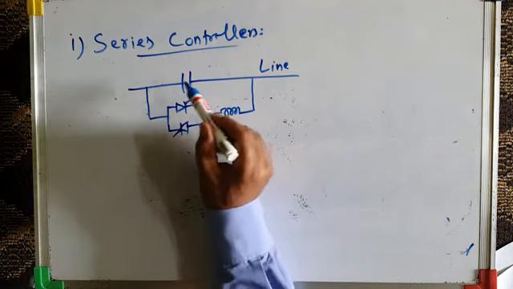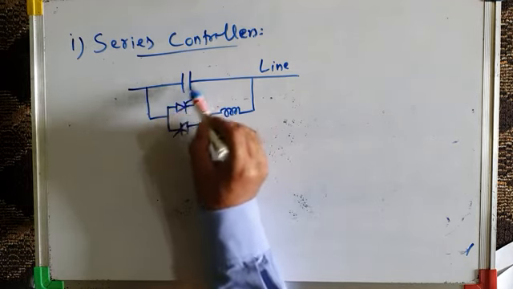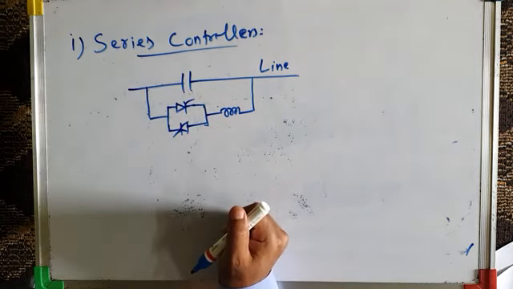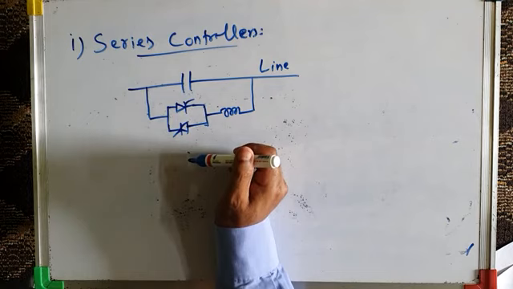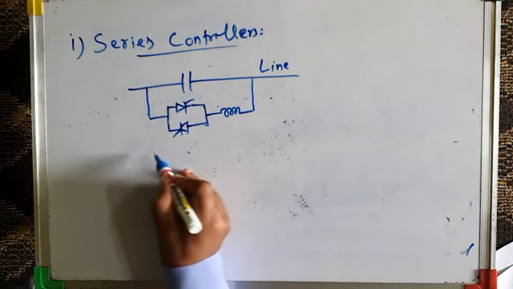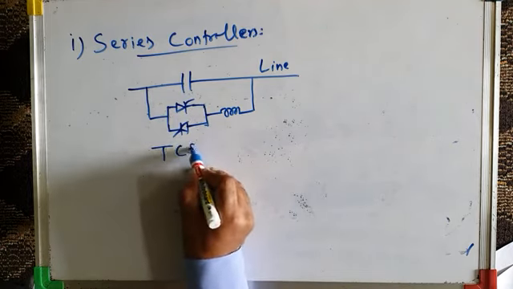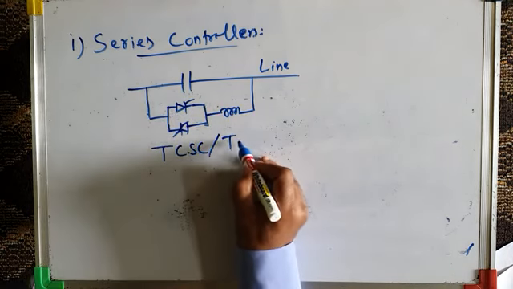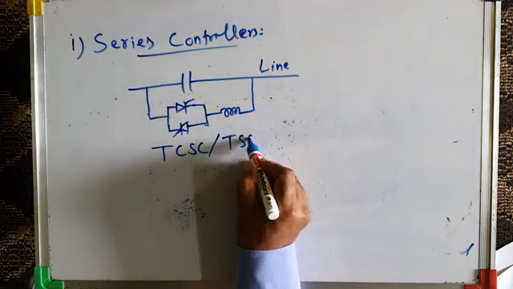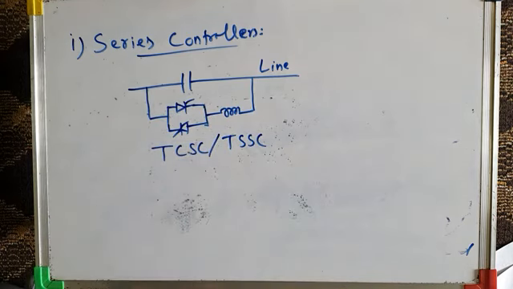It is in parallel with the capacitance, and it makes the series capacitance a variable parameter. It is either a thyristor controlled series capacitor or a thyristor switched series capacitor. So I will write here TCSC, or the same schematic diagram holds true for TSSC.